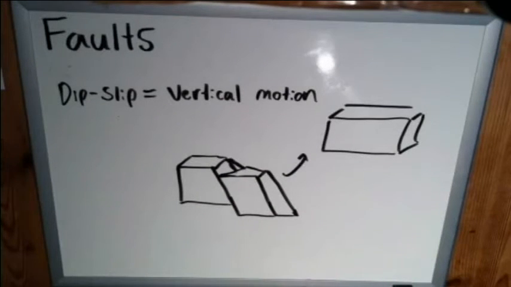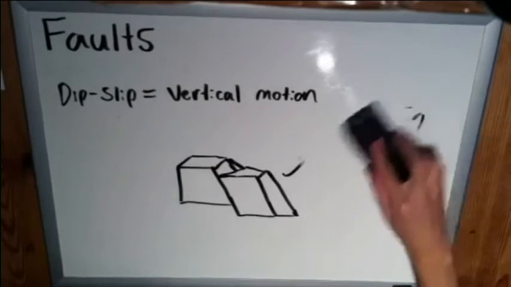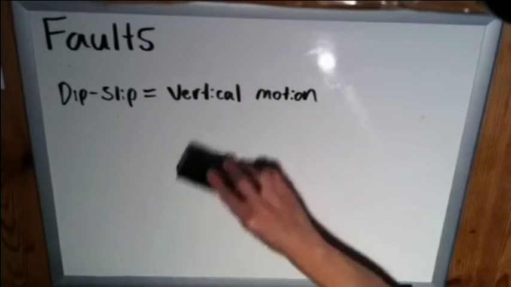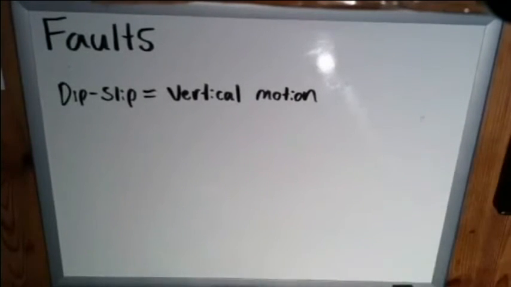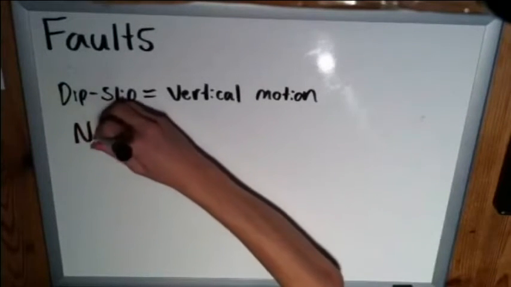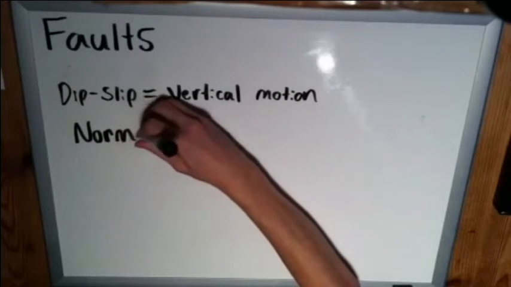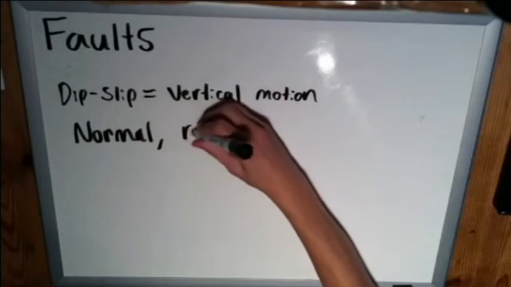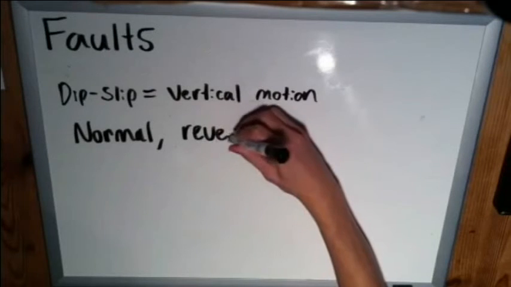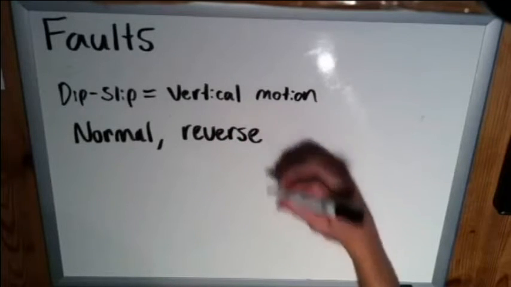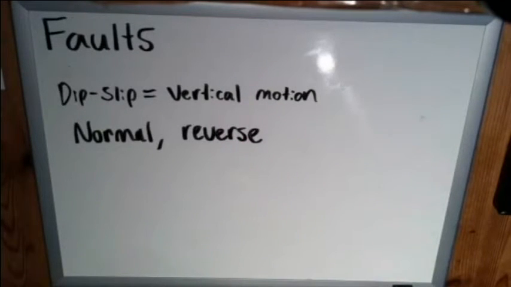Now, within dip-slip faults, we have two basic kinds. There are normal faults, and there are reverse faults. Normal and reverse. Okay, simple enough. And as you can imagine, reverse is just the opposite of normal. So they're pretty easy to remember. These terms were actually devised back in the 19th century, I believe, or 19th or 20th.